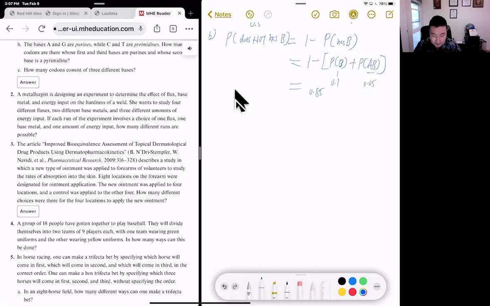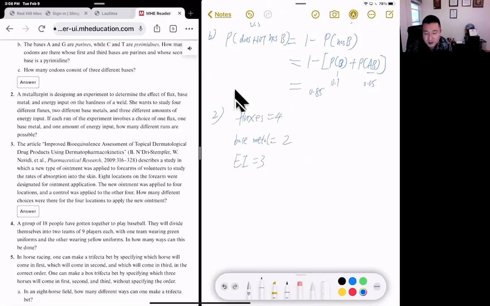So 3 factors. We want to study 4 different types of flux, the base metal has 2 different types, and 3 different amounts of energy input. So energy input is 3 types.